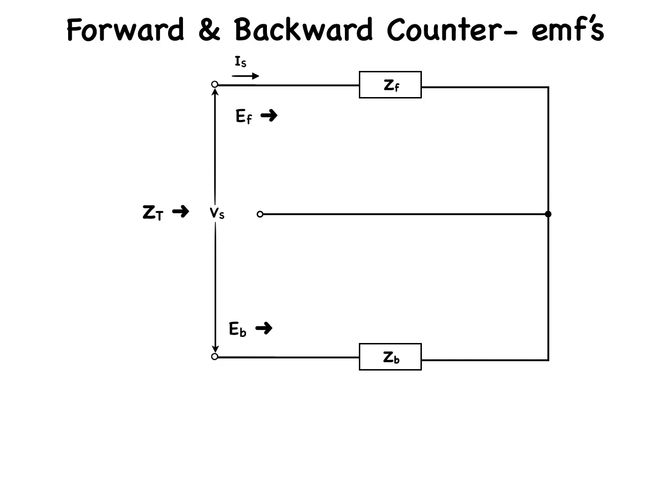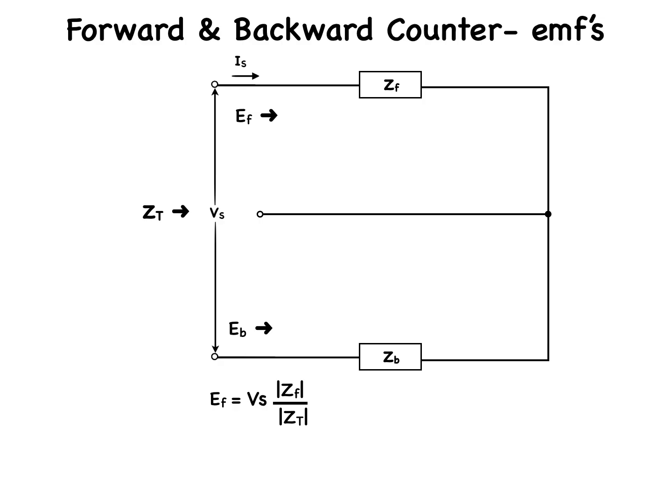Now we can simply use the voltage divider rule coupled with the applied voltage in order to calculate the forward and backward counter EMFs, starting with the forward counter EMF. It is given by multiplying the applied voltage Vs by the magnitude of the forward impedance divided by the magnitude of the total circuit impedance.